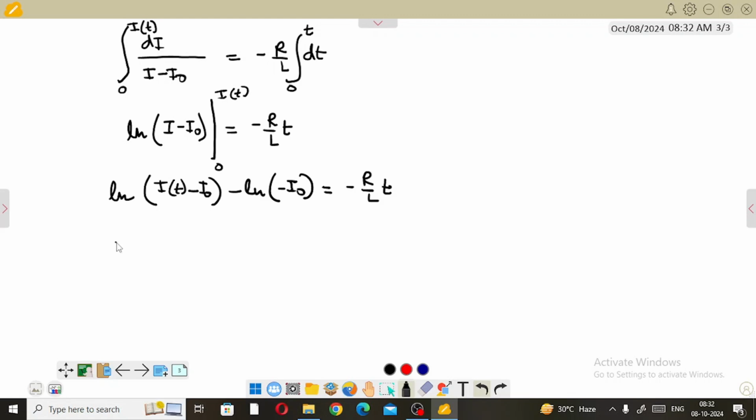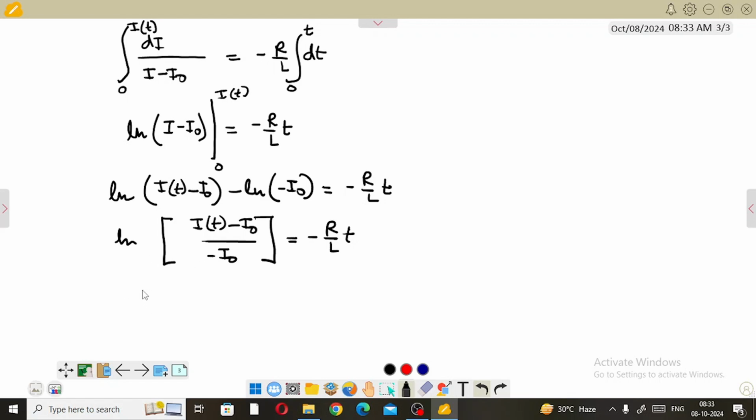So it's log A minus log B, so I get ln of I(t) minus I0 divided by minus I0 is equal to minus R by L t.